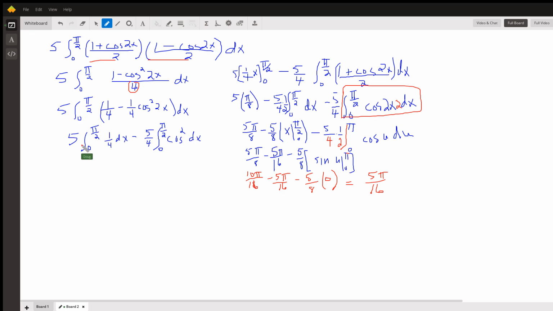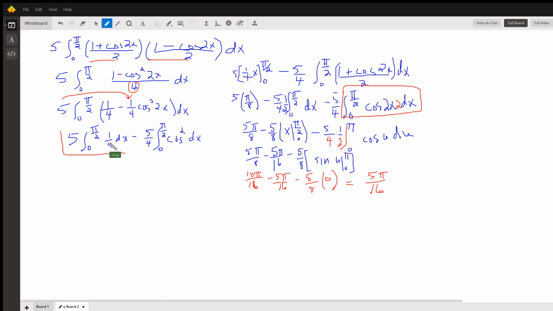So I've got 5 times the definite integral from 0 to pi over 2 of 1/4 dx minus, and then I take this 5 times this constant, minus 5/4 of the definite integral from 0 to pi over 2 of cosine squared dx.